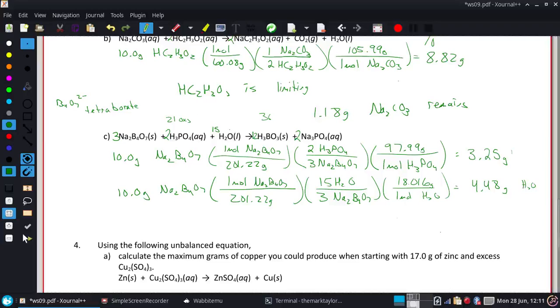All right, both of these helped out quite a bit because what this tells us is the sodium tetraborate is limiting, because all 10 grams would be used up, and yet we've only used 3.25 grams of the H3PO4, which would mean that there is 6.75 grams of the H3PO4 remaining.